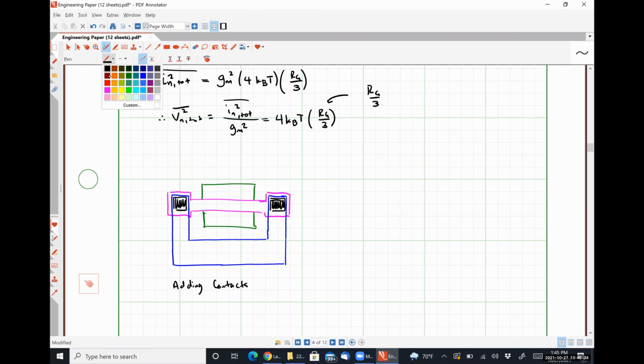Our second method, and it's the one that I personally prefer for what it's worth, is called folding.